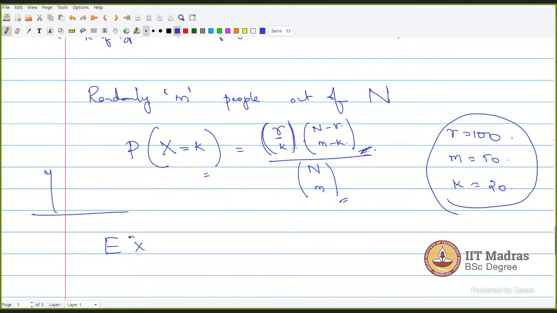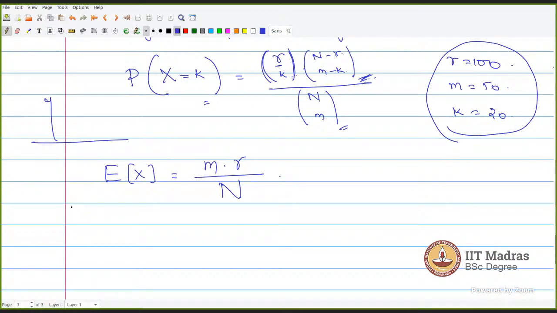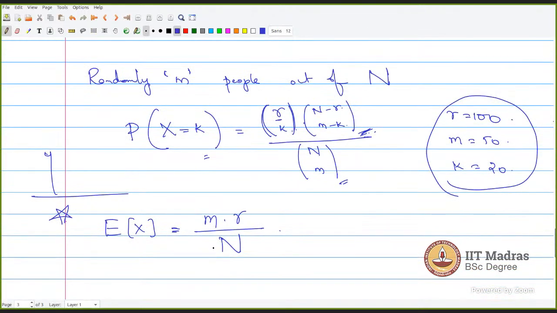So the expected value or mean of this hypergeometric distribution will be m times r divided by n. Expected value of x, where x follows hypergeometric distribution, is m times r divided by n.